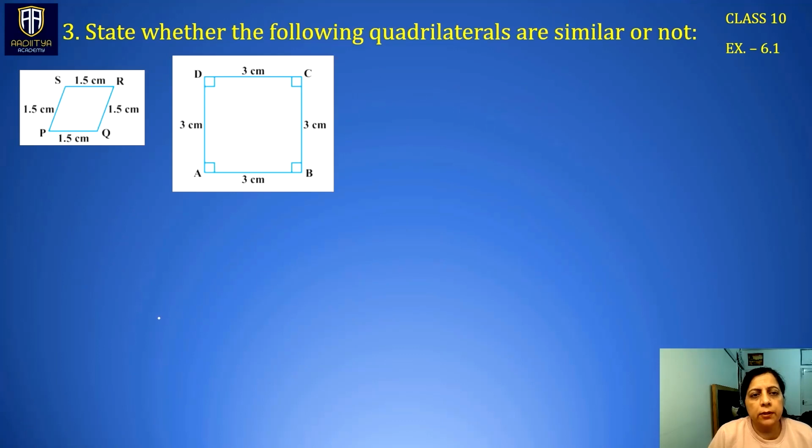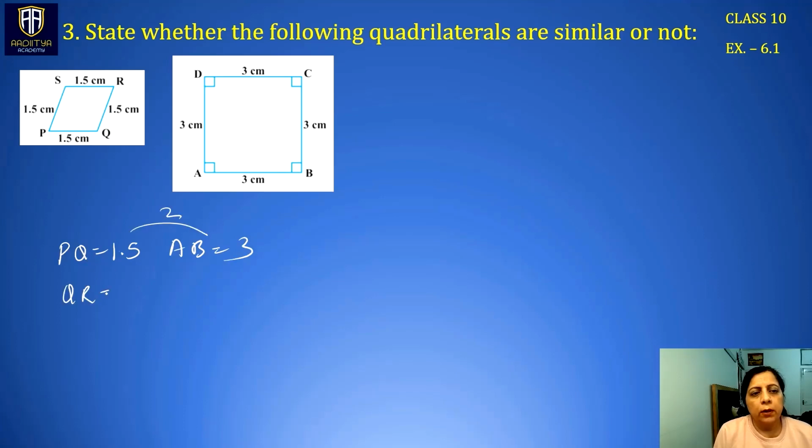And the last question here is, state whether the following quadrilaterals are similar or not. So you have to check both the criteria here. The first one, you check for the sides, like PQ is 1.5 and here AB is 3, so it is 2 times.